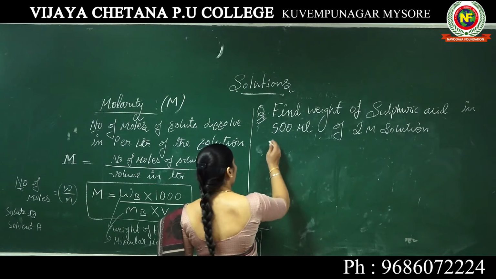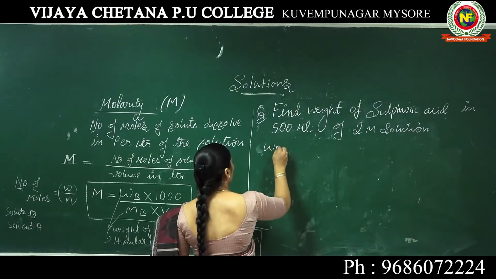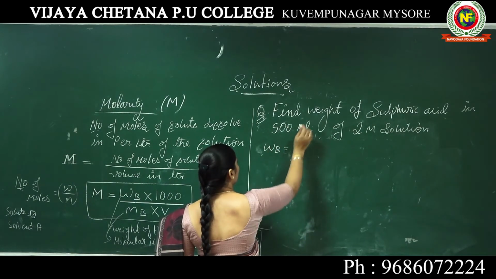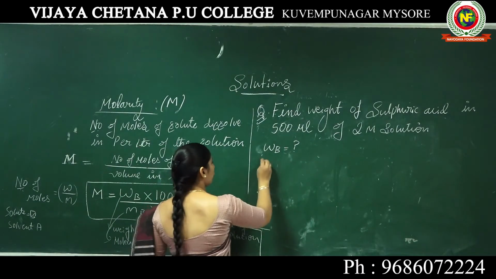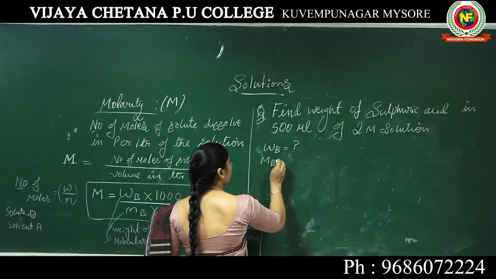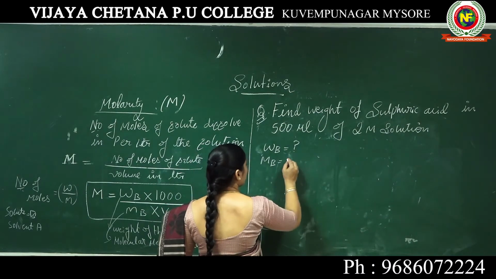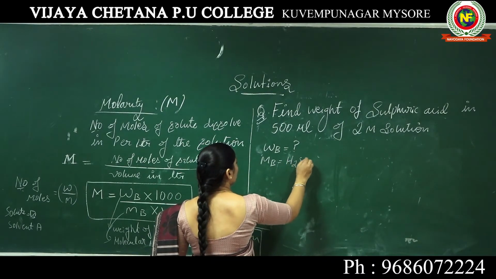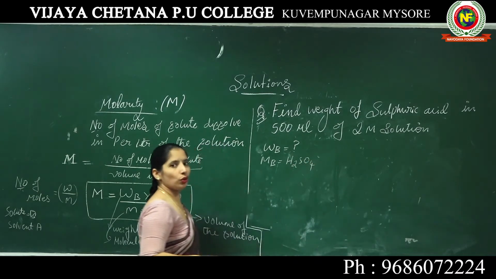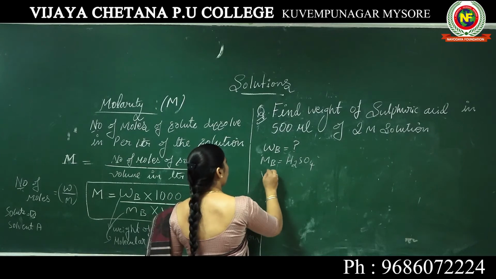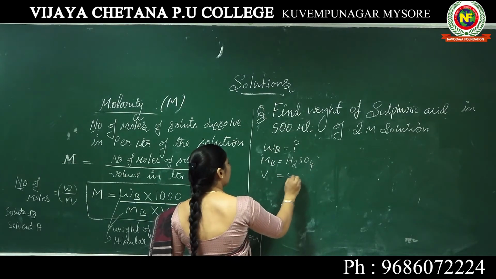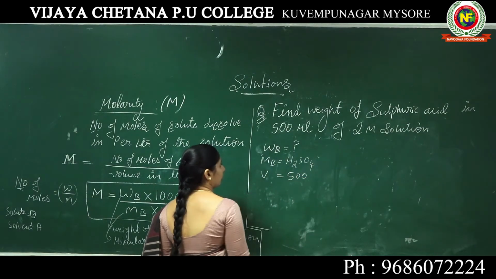So now write the given data. Wb is what you have to find, the weight. Don't know how much. Then come to the molecular mass Mb. The molecular mass Mb is of sulfuric acid, H2SO4. You have to find out the molecular mass of H2SO4. Then the volume is 500.